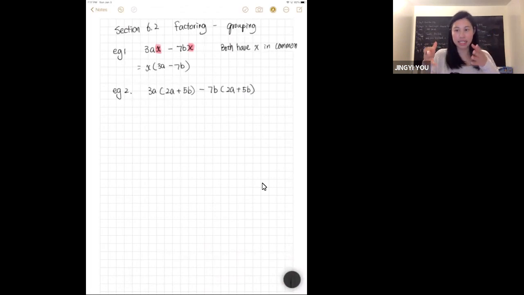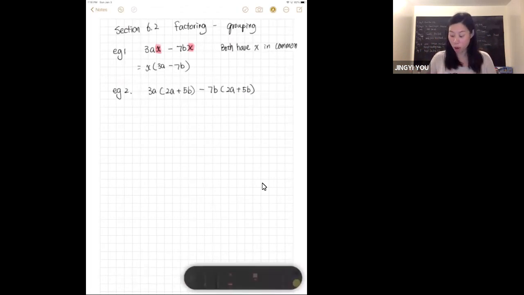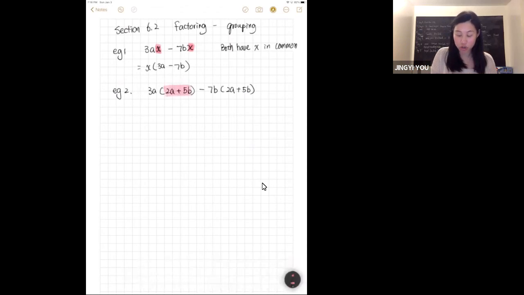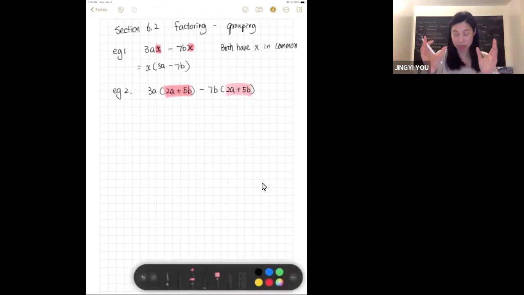Take a look at this expression. What's there in common? Ooh, this one is a little bit complicated, because what they both have in common is 2a plus 5b, right? So whatever is inside the parentheses, 2a plus 5b, would be their common factor.